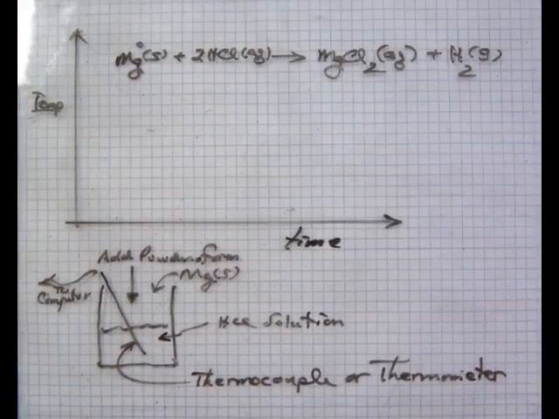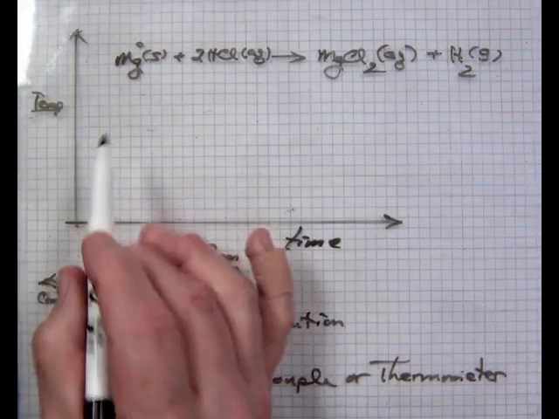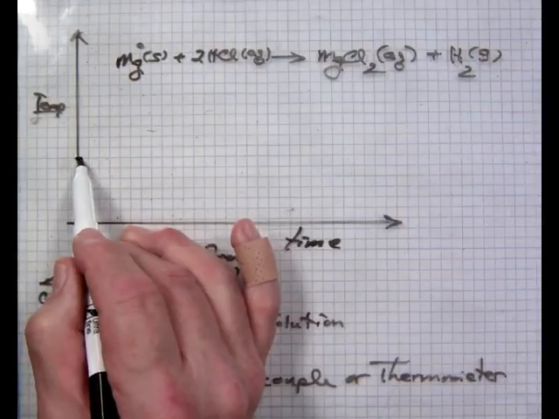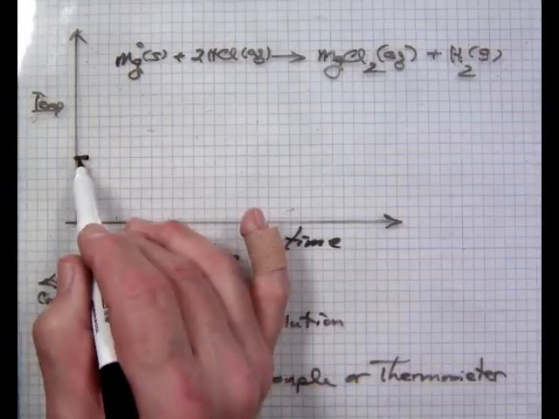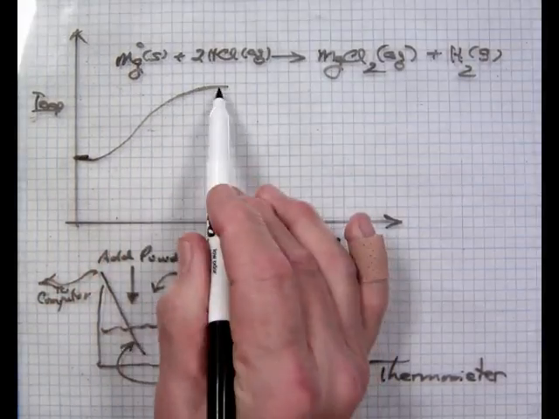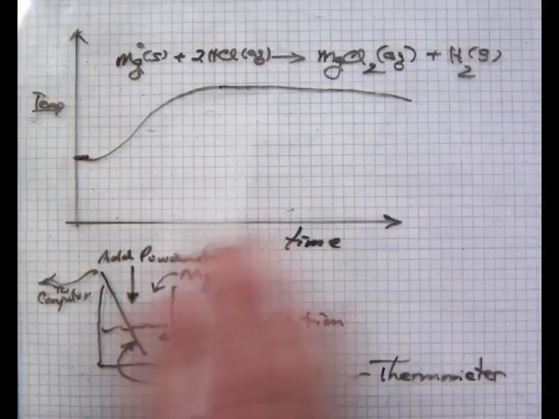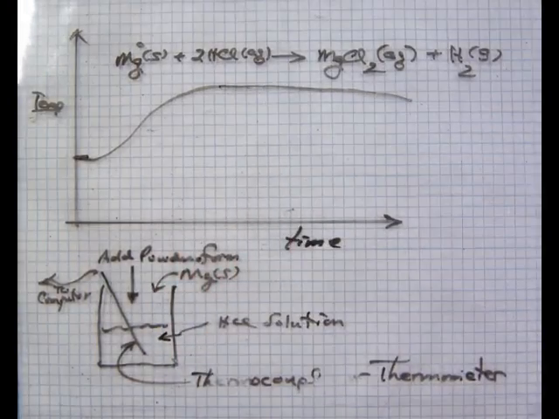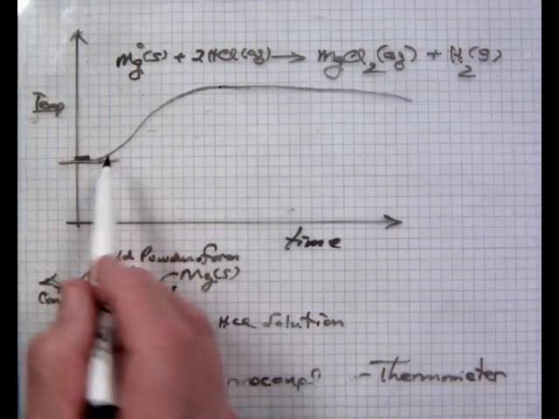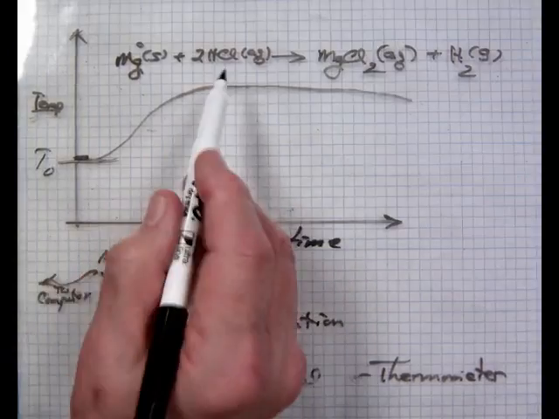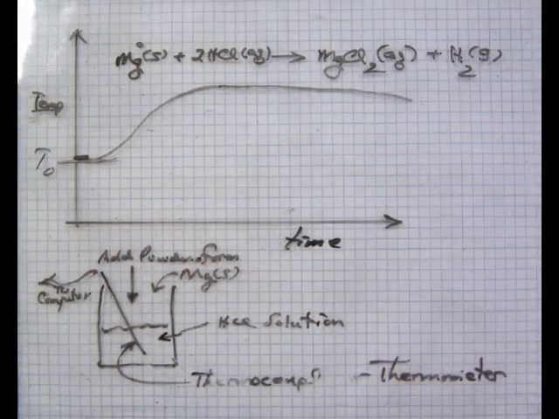And when you added that magnesium to the HCl solution and turn the data recording on, what you would observe is short piece of graph there, and then it would go up very rapidly based on the amount you put in, and then it would start leveling off and taper off and show you that graph. This was the T sub O, and the max temperature on this, I have to look at my wooden one.